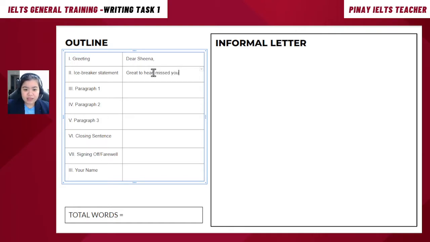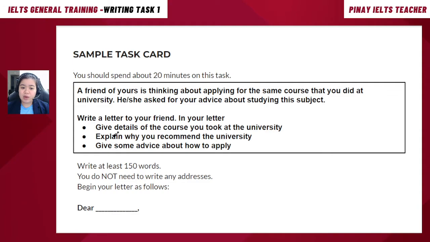Okay, so these are what you call informal touches or personal touches that would make the letter stick with the tone of being informal. So paragraphs 1, 2, and 3 must align with bullet point 1, 2, 3. That's why I said earlier, you have to follow the structure of the bullet points.